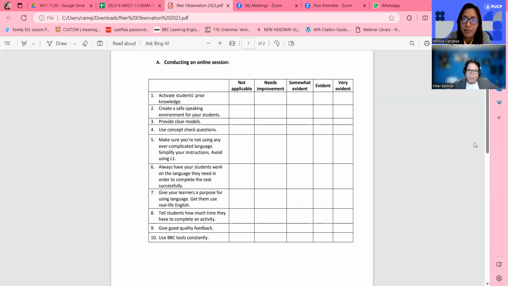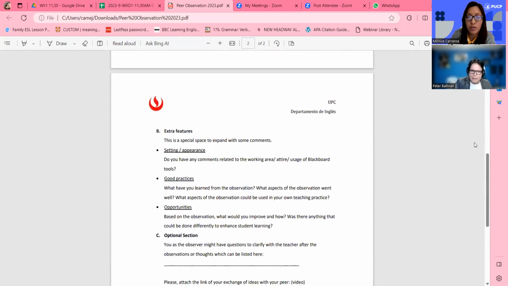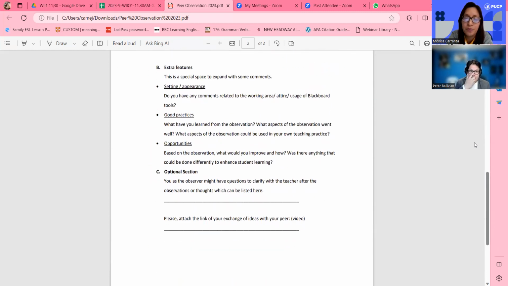Could you scroll down, please? Of course. All right. Well, that's another thing that I would like to highlight. Everyone was given the chance to talk. Even though you had some volunteers, you also nominated students, which is great, because everyone needs to have the chance to use the language in the session.